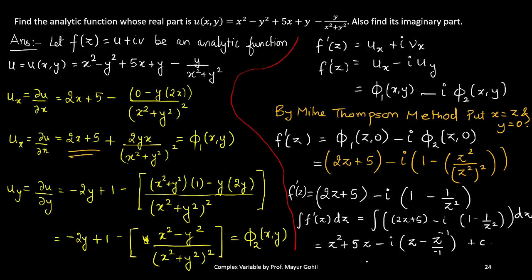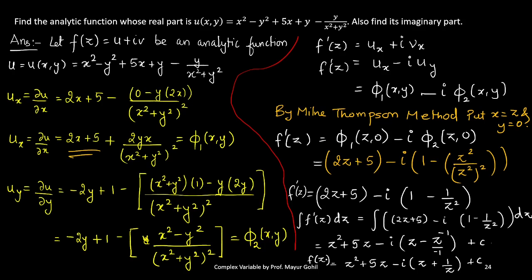And then on further simplification we can see it becomes z square plus 5z minus I times z plus 1 upon z. This is the answer, plus c. This is what you are going to get, f of z. Okay, this is what is there.